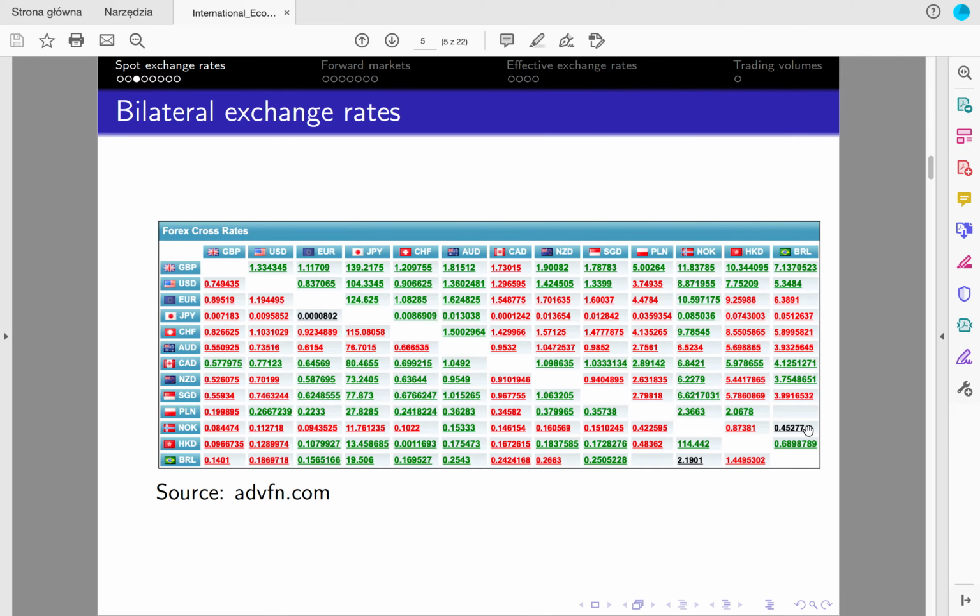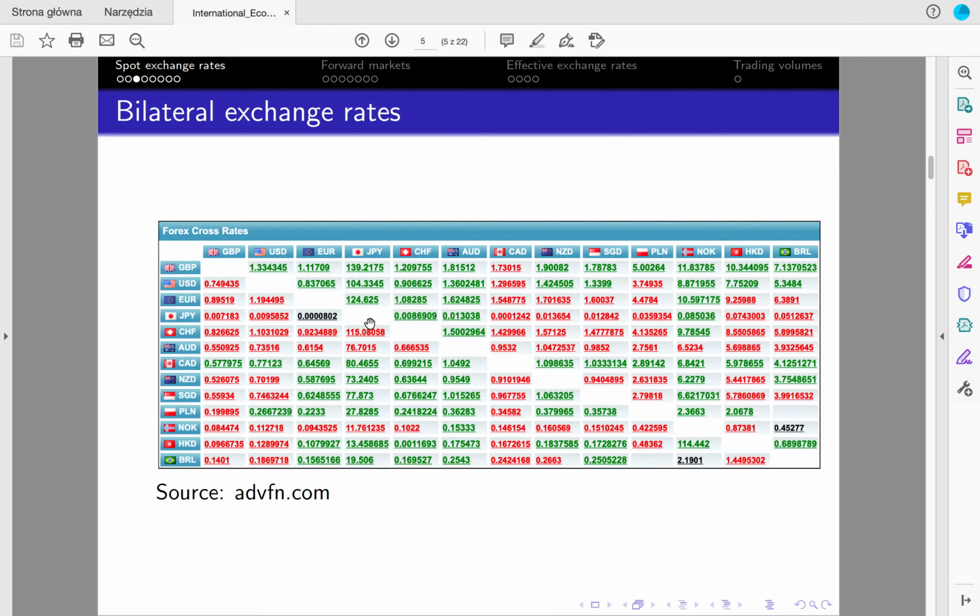This is a situation where we had neither appreciation nor depreciation. Another thing you might notice is that when we talk about euro and Japanese yen, here we see appreciation, but here we see a black number.